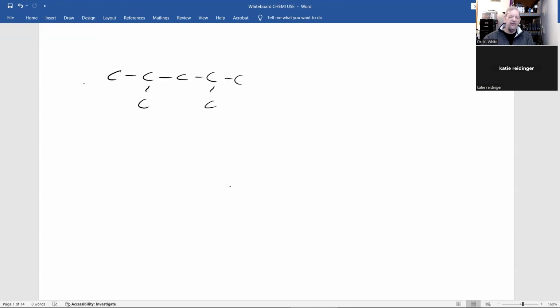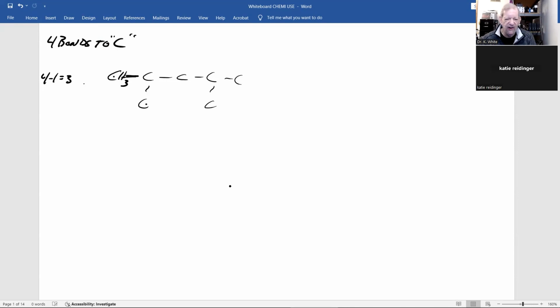So how do you do that? Well, if we look at this first carbon, it has one bond to it, but there's always 4 bonds to carbon. So there's only one. 4 minus 1 equals 3. And that has 3 hydrogens, H3.